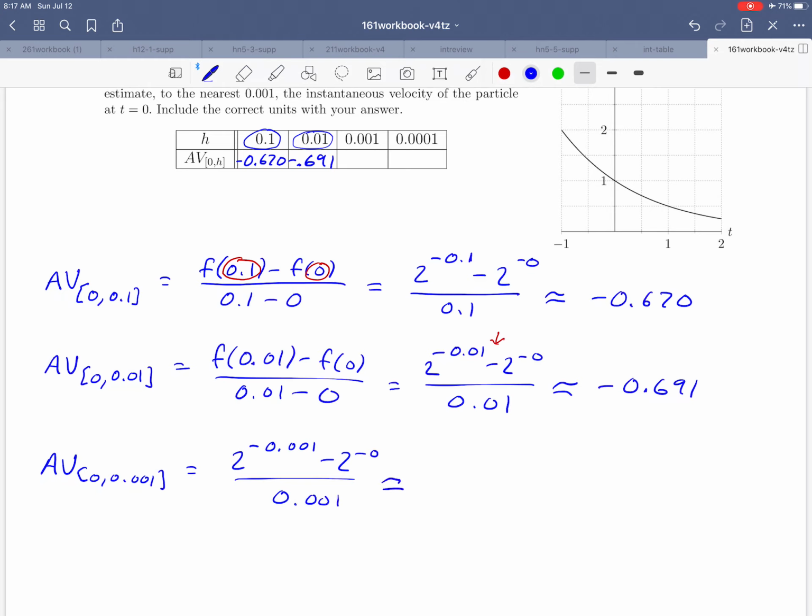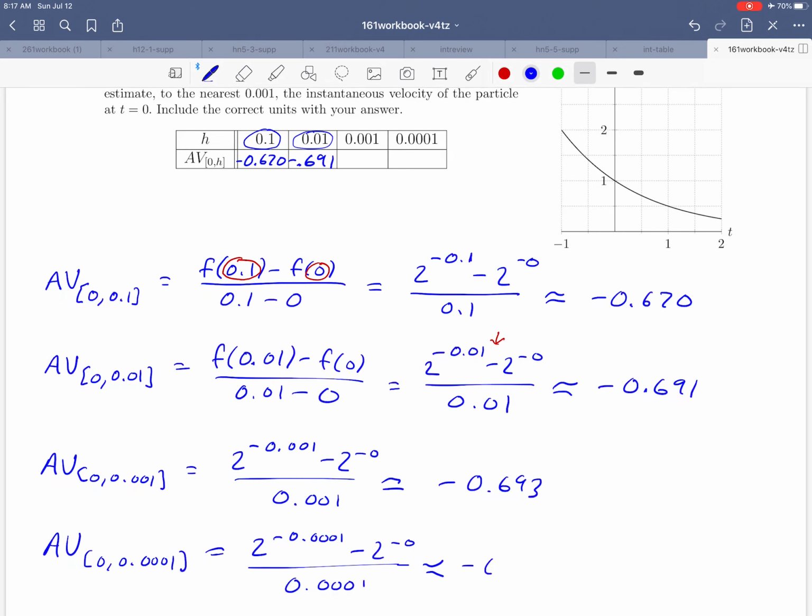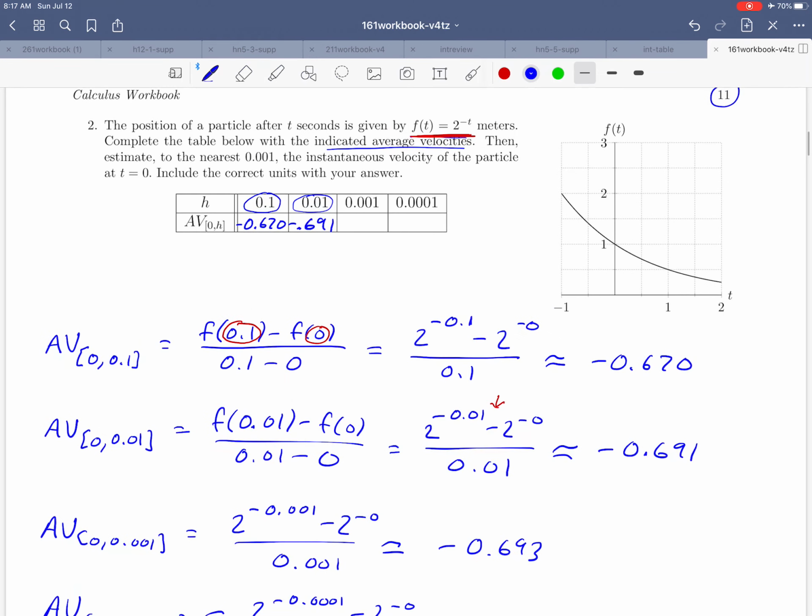That turns out to be about minus 0.693, and for the very last one, what you'll discover is that you get the same number of negative 0.693. So we'll plug those into our table here. And we have now answered the first part of the question. We got 4 average velocities, and we put them in our table up there.